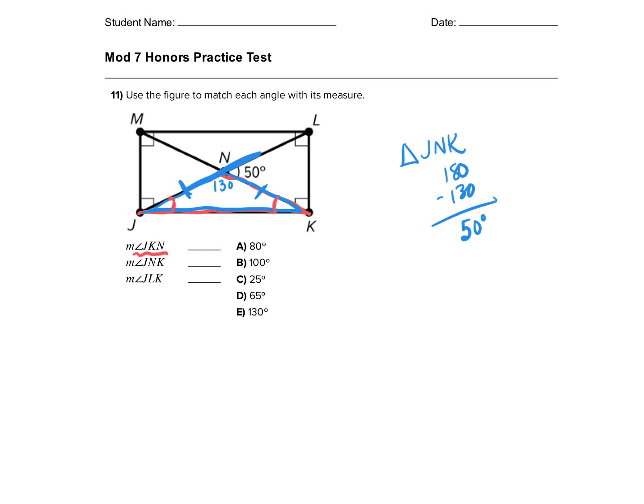So when I divide this by 2, angle JKN is 25 degrees. So it's going to be similar for the other. Measure J and K. Well, as it turns out, that's this angle here, which we already determined is 130.